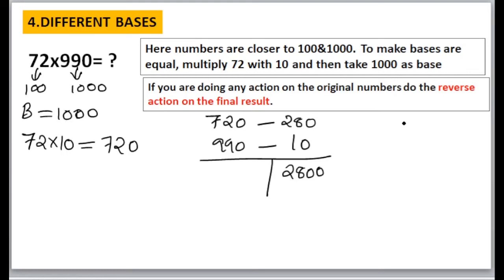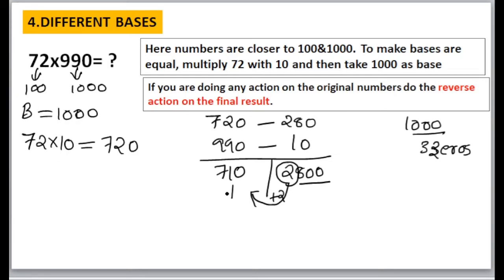Our base is 1000 and base has 3 zeros. So you will take 3 digits. The remaining 2 will be carried over to LHS. That is your base. LHS is 720 minus 10 is equal to 710. 710 plus 2 is equal to 712. So 712 is your LHS and your RHS is 800.